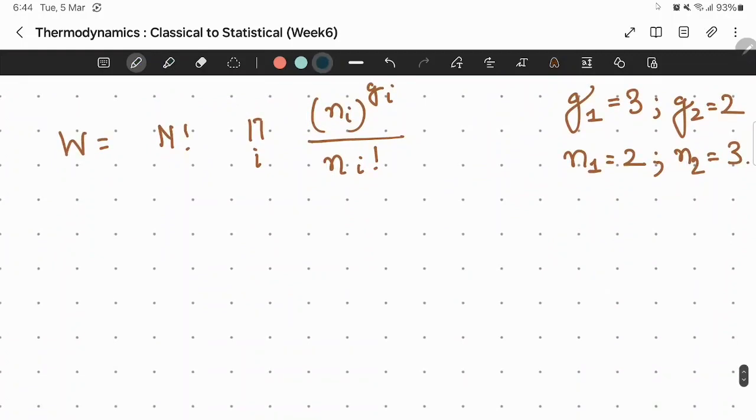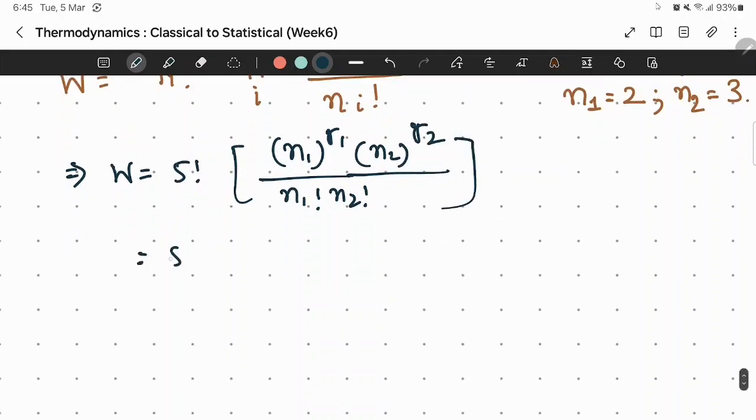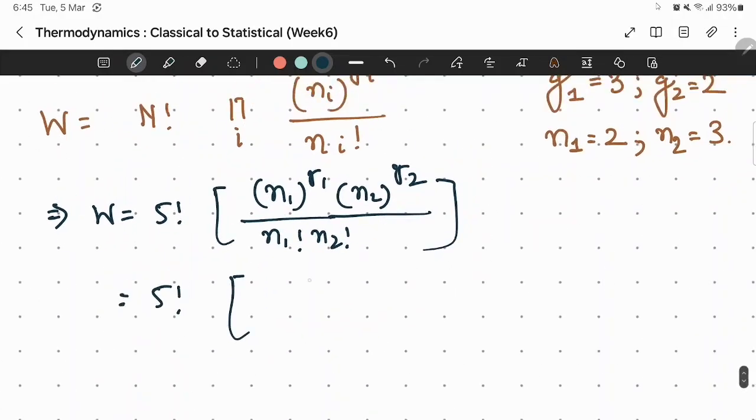So N is 5, and W equals 5 factorial, 3 to the power 2, 2 to the power 3, divided by 2 factorial into 3 factorial.